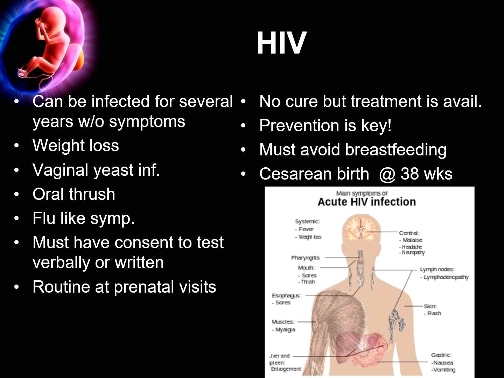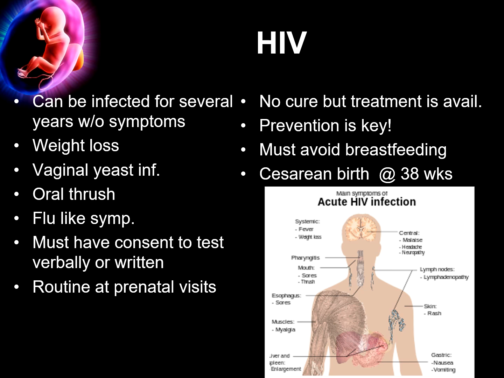Labor is contraindicated with an HIV infected woman. Episiotomy during labor is contraindicated. Vacuum extraction, forceps, and internal fetal monitoring are all contraindicated. The woman must have a C-section at 38 weeks.